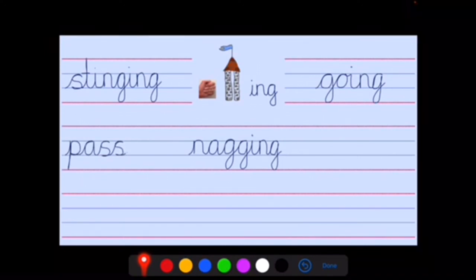Pass. There's a short vowel sound. There is a double consonant. I just add ing. Camp. There's a short vowel sound. There are two consonants. I just add ing. Pin. Short vowel sound.